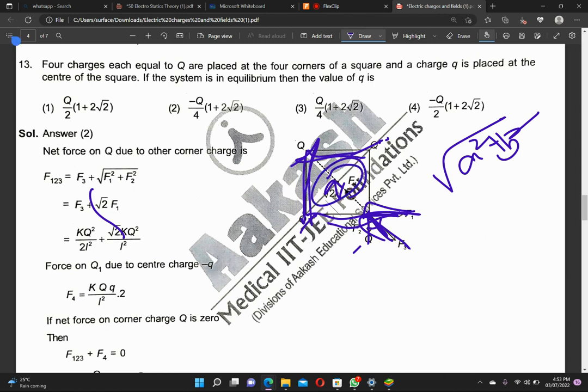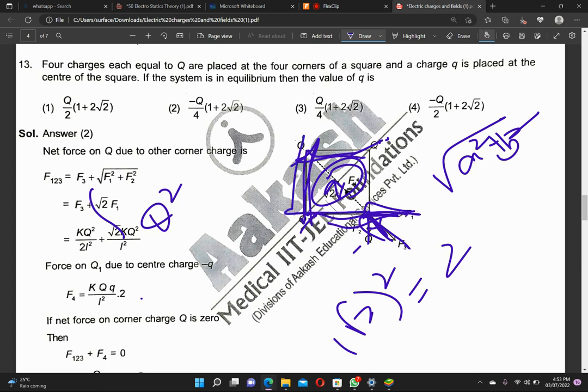This is your F4, which is kqQ by L squared into 2, because the diagonal distance is root 2 L, so root 2 into root 2 gives 2. For F net, here you were getting q squared because of these charges, but for F4 the two charges are q and Q, so k q Q by L squared into 2.